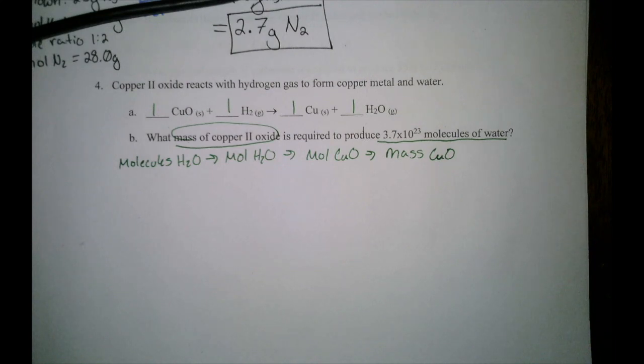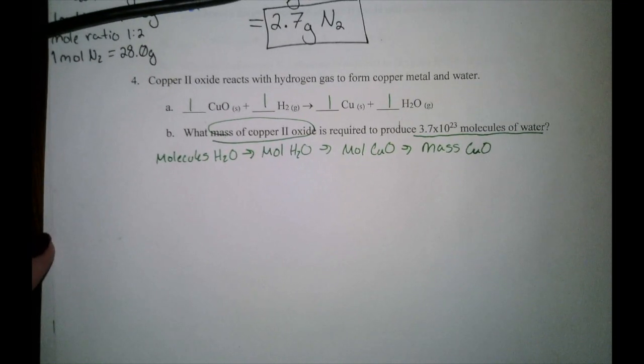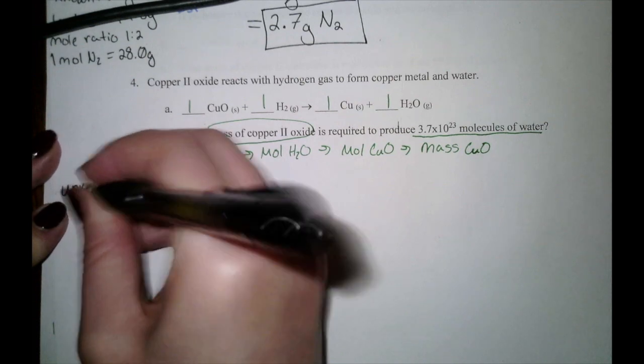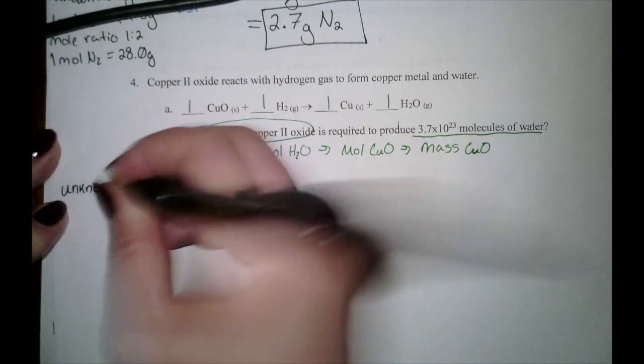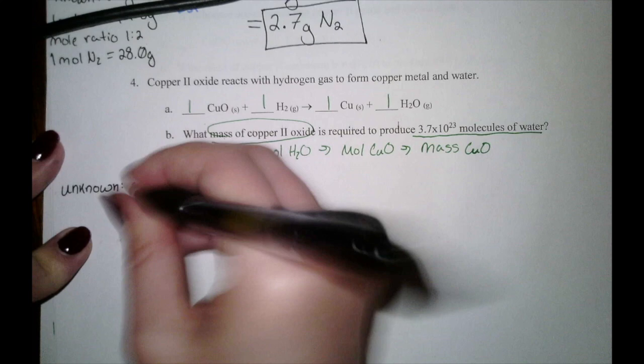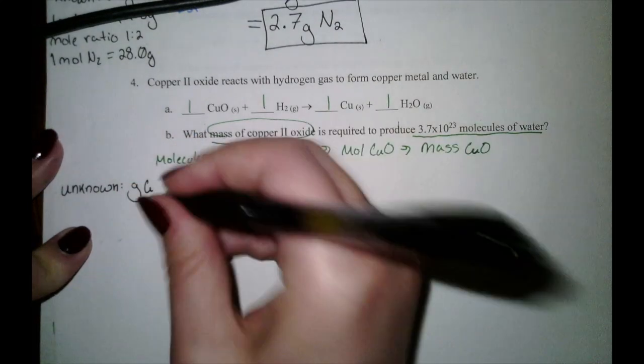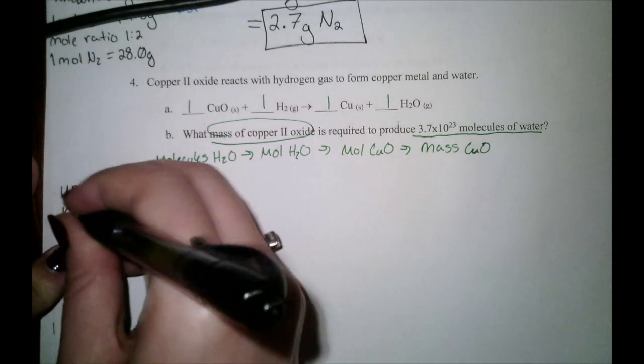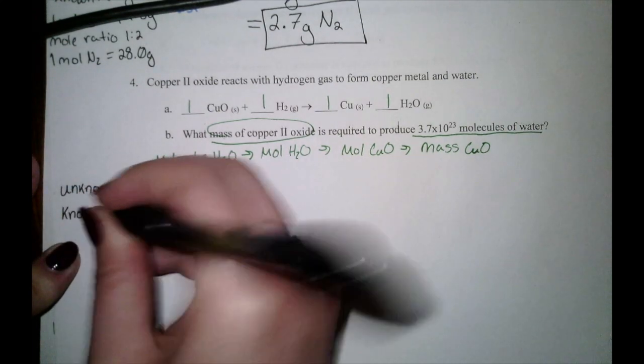But let's start that process by just kind of looking at what our knowns and unknowns are going to be. So the unknown that we're really looking for is our mass in grams of copper 2 oxide. The things that we know that are knowns.